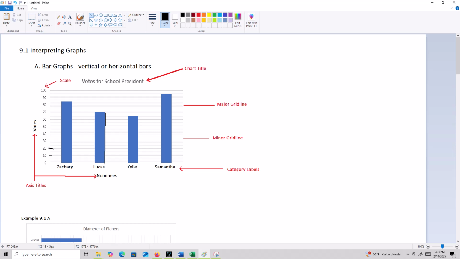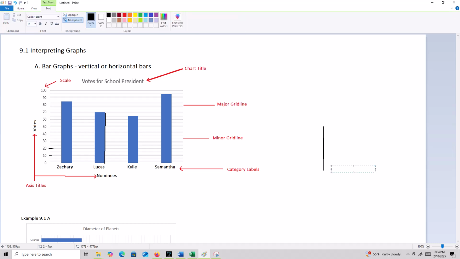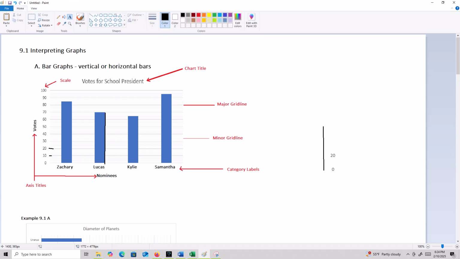So in the book, the axis is vertical with the scale going on it, and it goes from 0 to 20, and it has 1, 2, 3, 4.